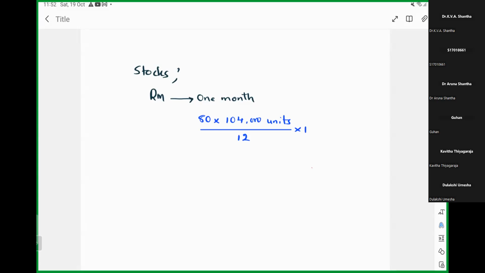Then how much raw material stock? Now here, the year is taken as 52 weeks. Then 1 month means divided by 52 multiplied by 4. $640,000.